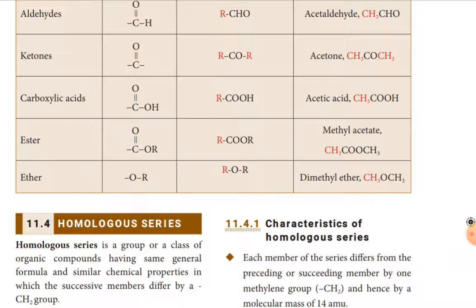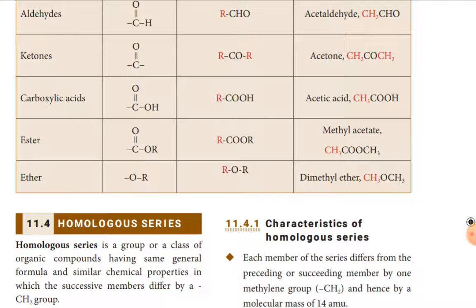Then ether, OR. And here also there are two kinds of ether, simple ether and mixed ether. Here one example is given, that is a simple ether, because both R are from the same alkyl group, CH3, that is methyl. So two methyl groups are here, that is dimethyl ether.